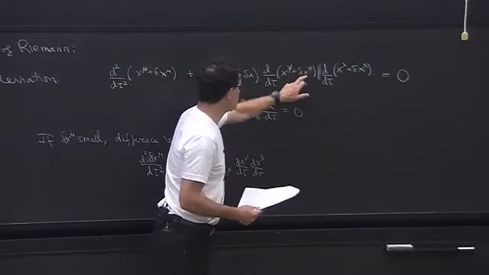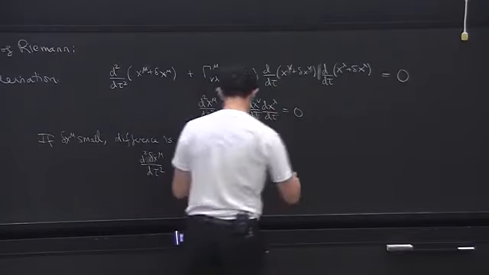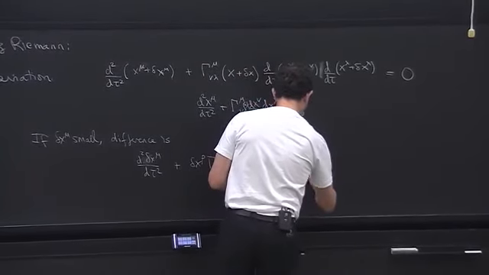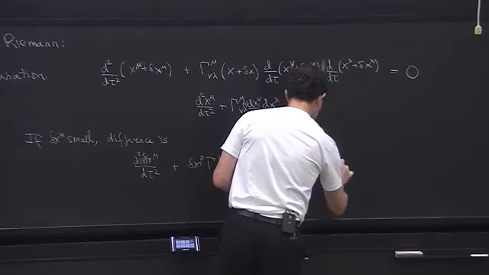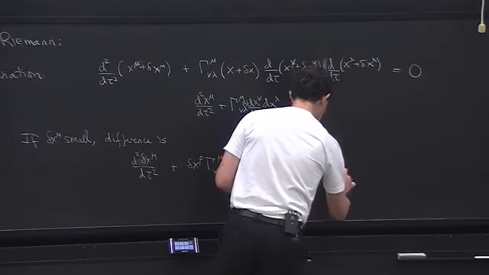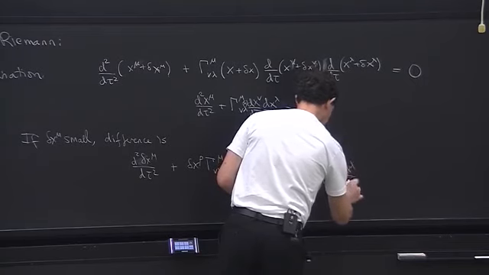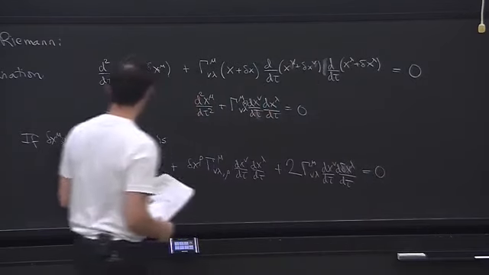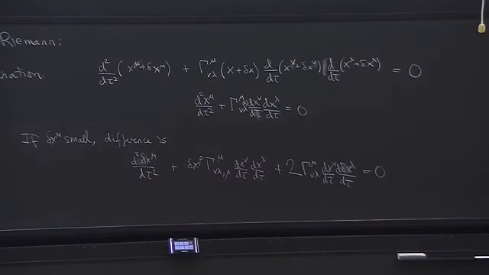And then I have these terms too. So I have plus twice, two of them, gamma mu nu lambda dx nu d tau d delta x lambda d tau. Okay, equals 0. So that's the equation for the geodesic deviation.